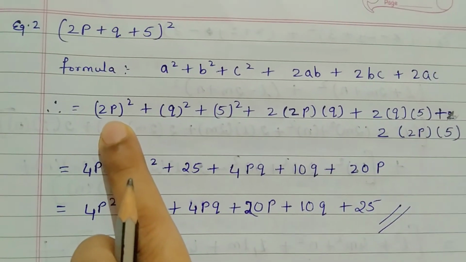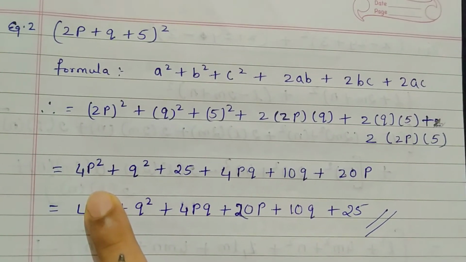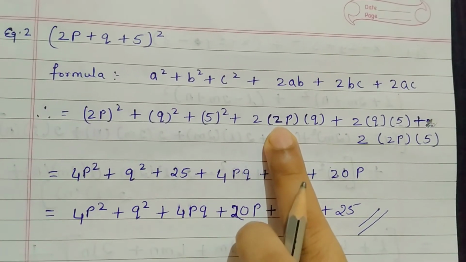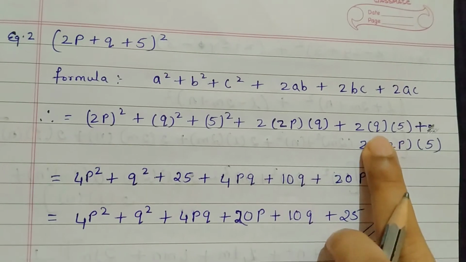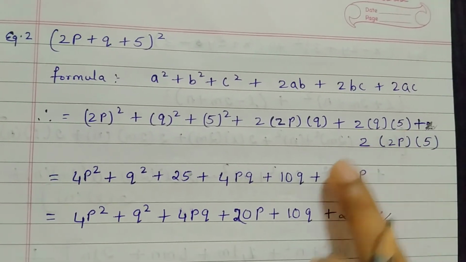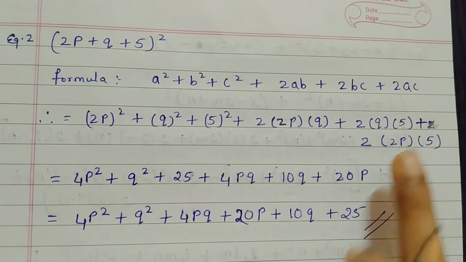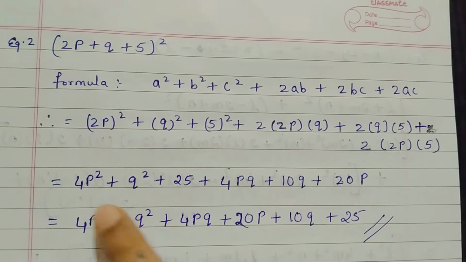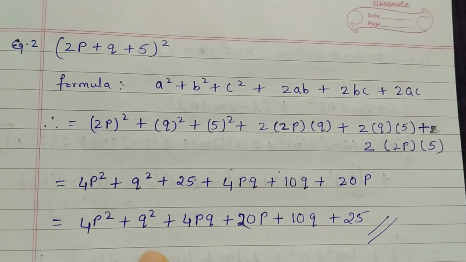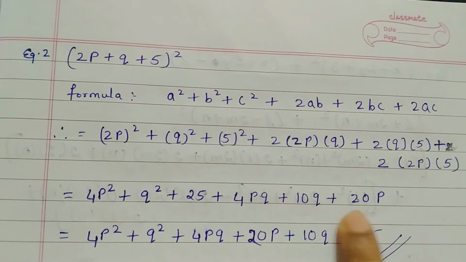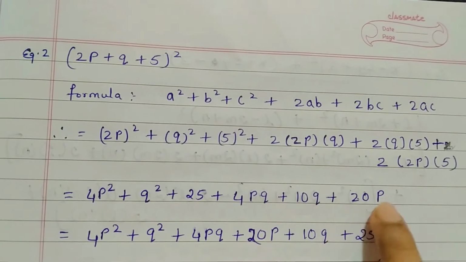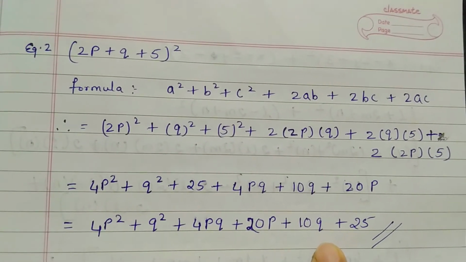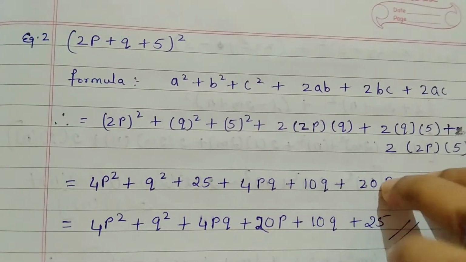Now 2p the whole square is 4p square, q square, plus 5 square is 25, plus 2 into 2 is 4, 4pq, plus 2 into q into 5, so 5 into 2 is 10, 10q, plus 2 into 5 is 10, 10 into 2 is 20, 20p. Now we will just form it: 4p square, q square, then 4pq plus 20p plus 10q plus 25. Okay, this is an example, so go through it, you will understand how it is.